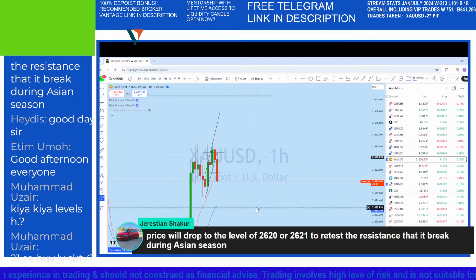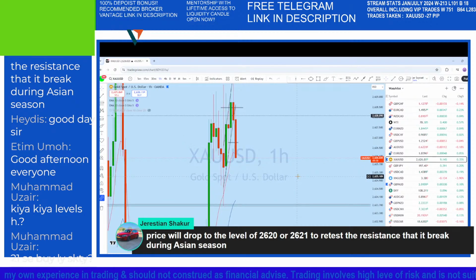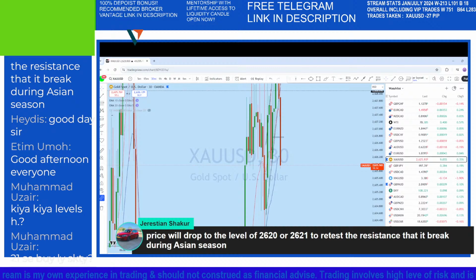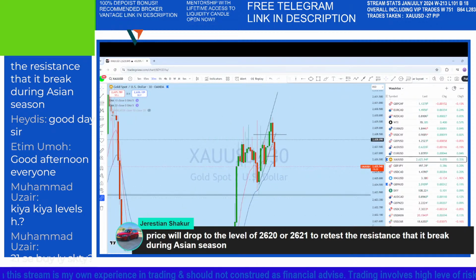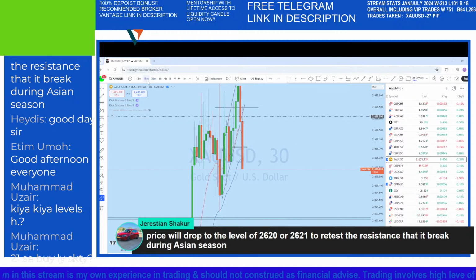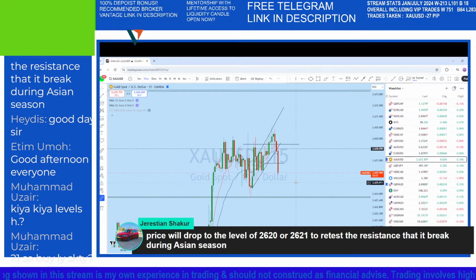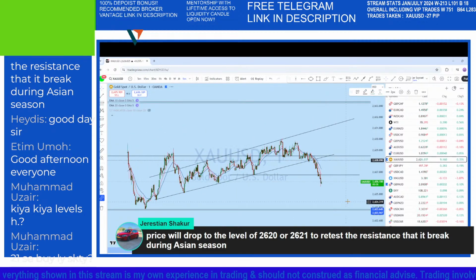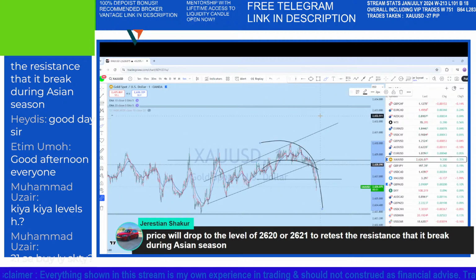Probably we will see a retest of this 20 EMA, and then revert back to the upside. Okay, so let it drop to the support. This is a very interesting structure that has formed, which is a complete change of trend here.